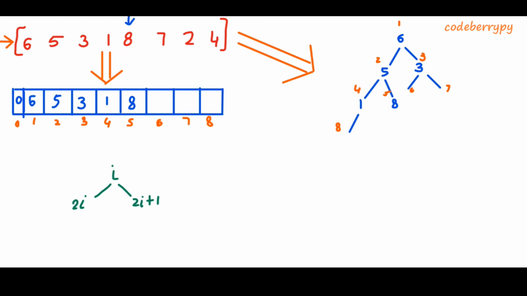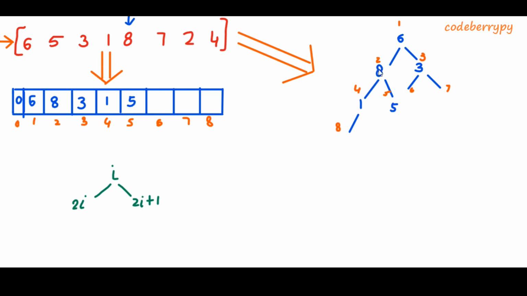Therefore, we'll have to restore the property of this max heap. So we're going to bubble up 8 in the place of 5, and 5 is going to come at the place of 8. Since we have made this change in the binary tree, it's going to reflect in the heap array also. When 8 comes at index 2, you see that it has not yet restored the property.